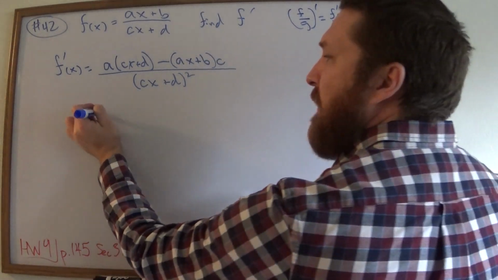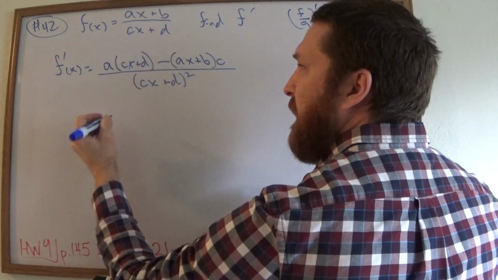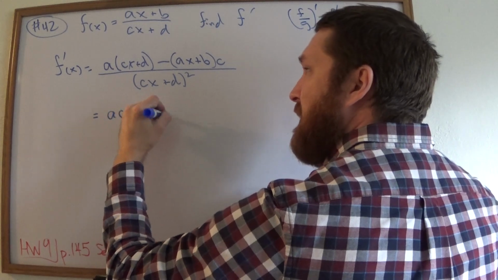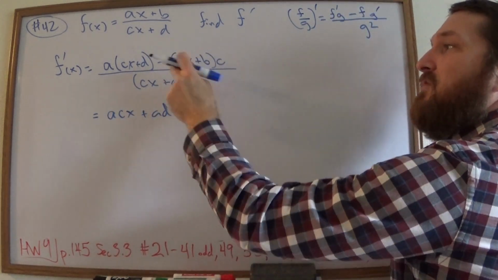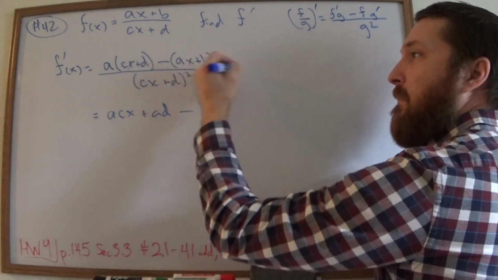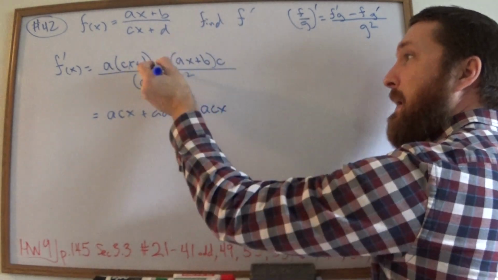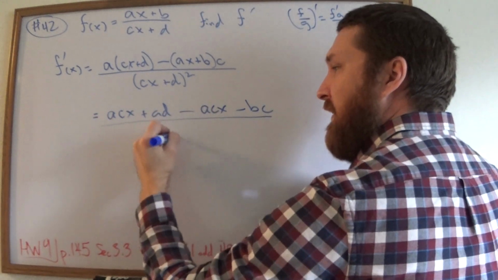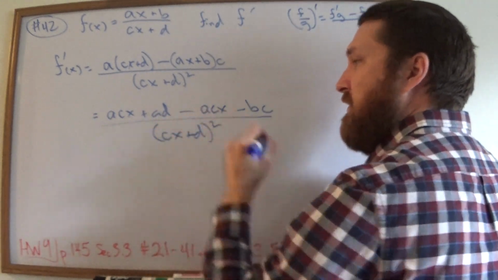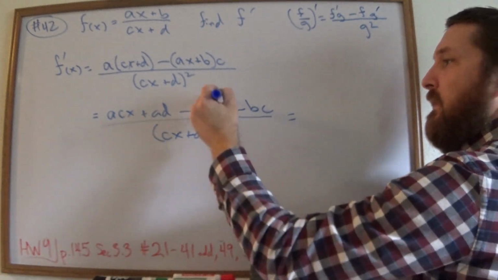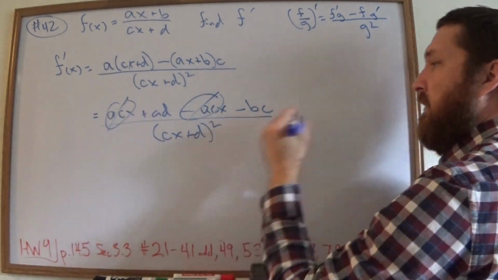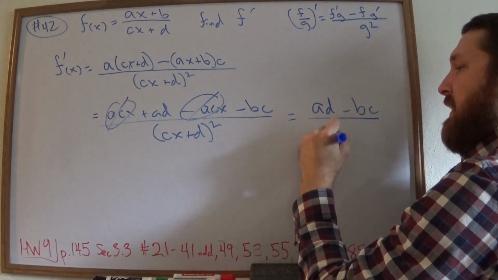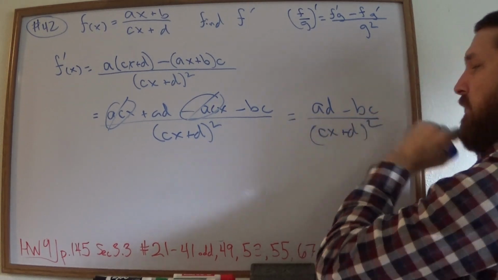Now, since there's a denominator, I'm going to go ahead and multiply out because maybe something will cancel. acx plus ad, that's going to be minus all of this stuff. So that's minus acx minus bc. Everybody got that? All over cx plus d quantity squared. These guys cancel, and we get ad minus bc over cx plus d squared. There you go.